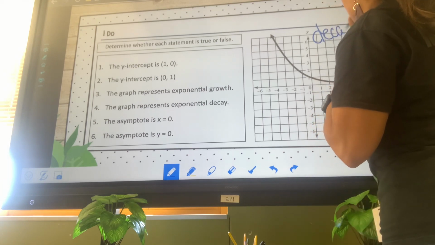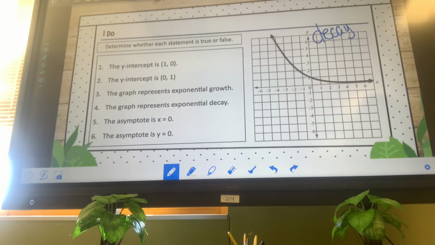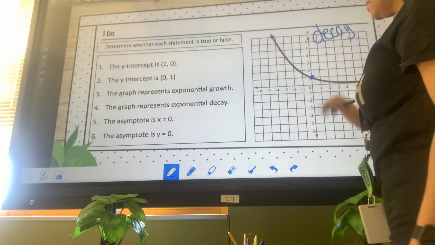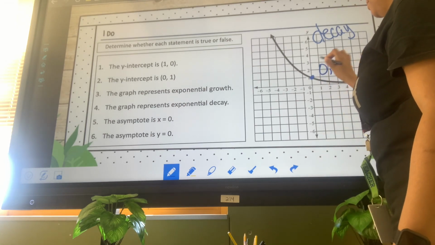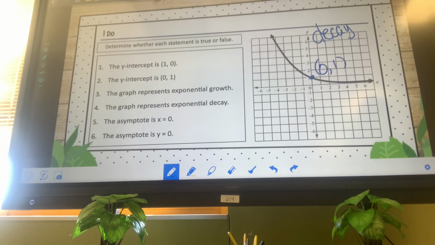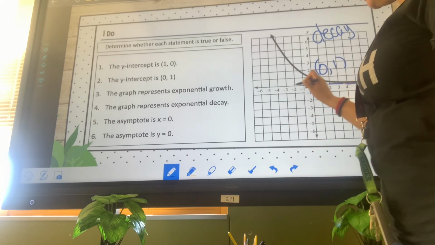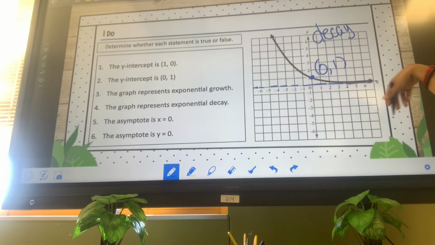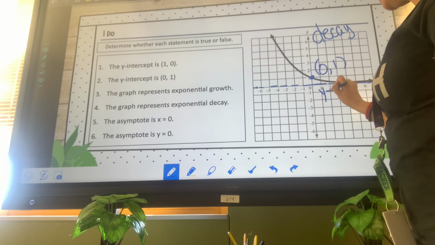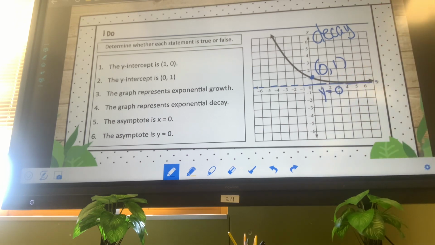We're going to label this as decay. Then we're going to find our y-intercept and label it. Then we're going to determine where our asymptote is. It's getting close to this line right here, which is the x-axis. If the asymptote is the x-axis, that means the equation of the asymptote is y = 0.